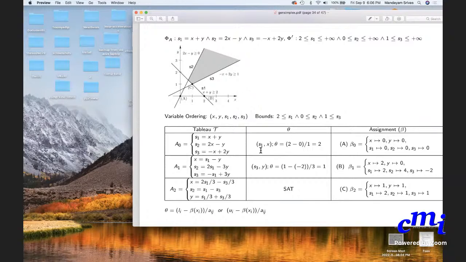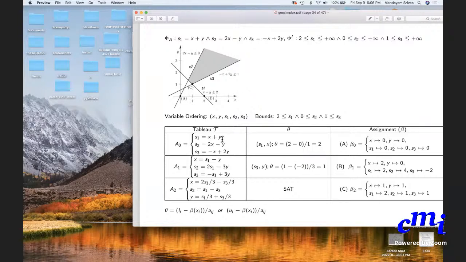So we have a choice of either picking S1, I'm sorry, either picking S1 from the basic set as the variable to get its constraints satisfied, or S3. Since S1 is lower in the variable ordering that we have chosen, we pick S1, and S1 is defined to be x plus y.